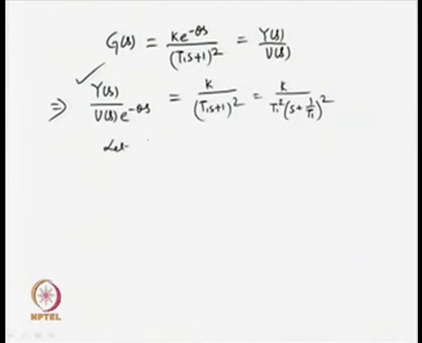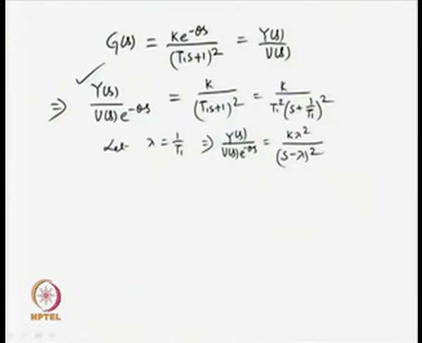Let lambda be equal to 1 upon T1, which implies Y(s) upon U(s) e to the power minus theta s is equal to K lambda square upon (s plus lambda) square.